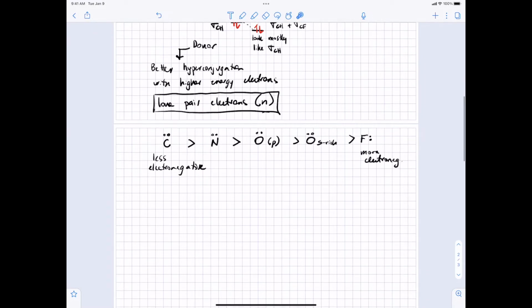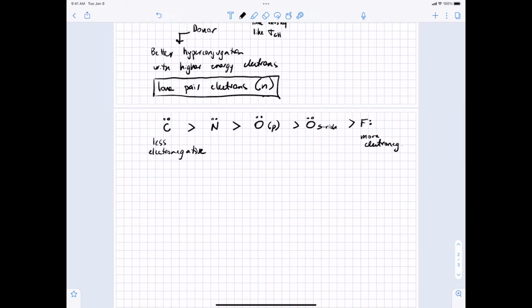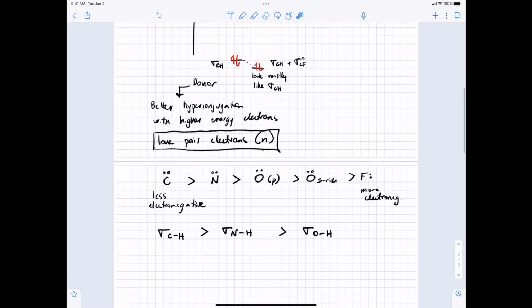In terms of bonding orbitals, we're going to see that bonding orbitals between carbon and hydrogen are going to be better donors than bonding orbitals between nitrogen and hydrogen, which are going to be better donors than bonding orbitals between oxygen and hydrogen. Again, this has to do with electronegativity.